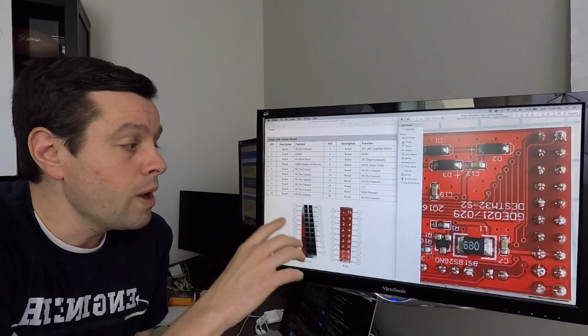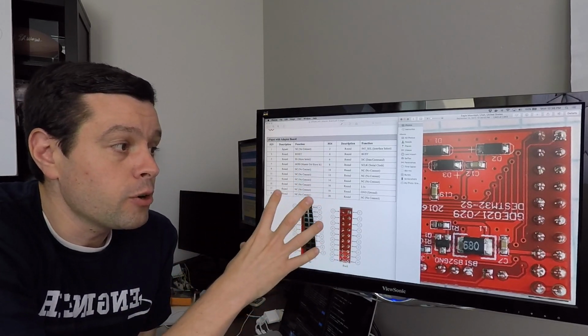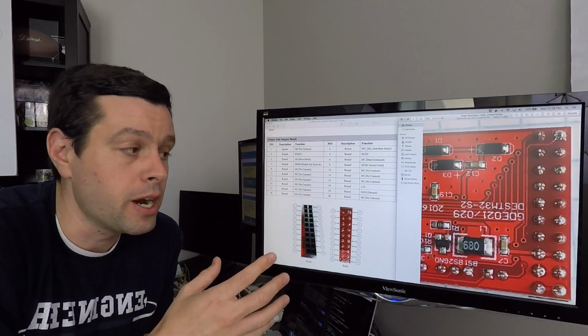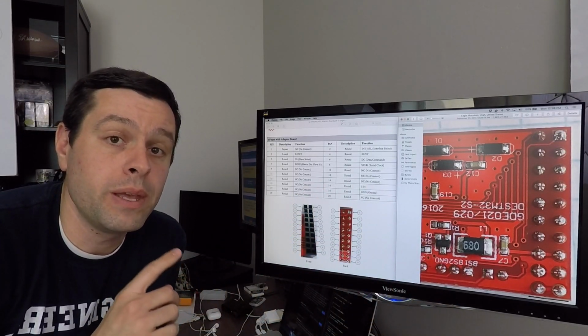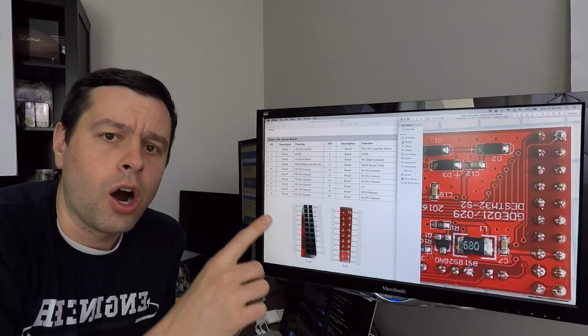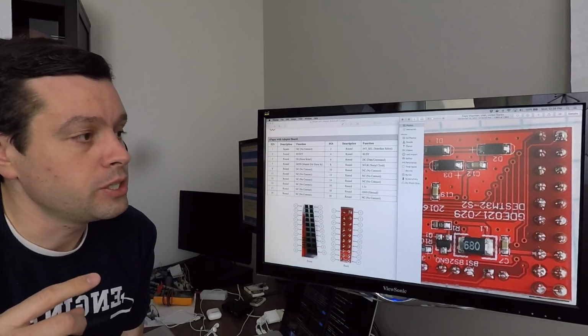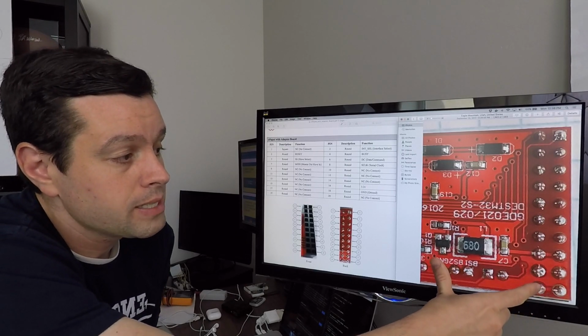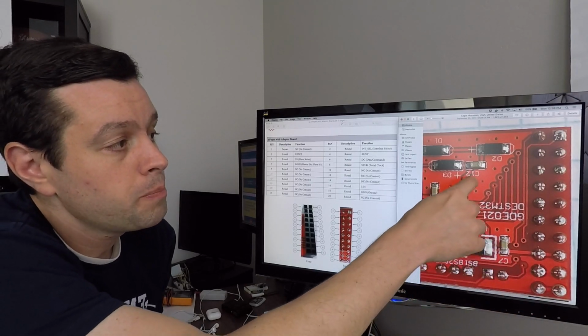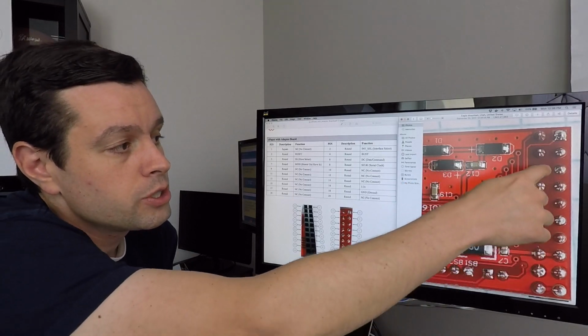But a way that I found that this was not correct is a little tip that I'd like to share about how you can look at a printed circuit board and sometimes figure out what pins are, and then compare it to the documentation. So here's a close-up of the back side of the board, and you'll notice that there's some of these parts that are bright red, and then there's this dull red.